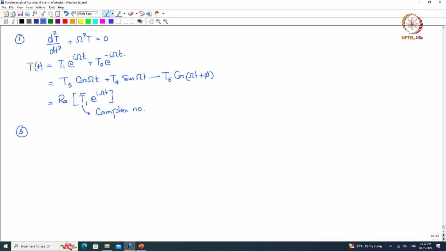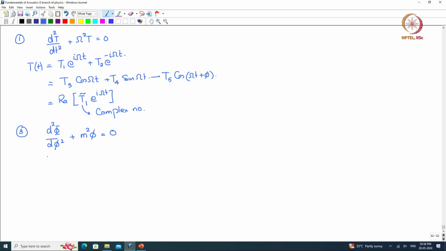Then 3, d2 phi by d phi square plus m square phi is equal to 0.